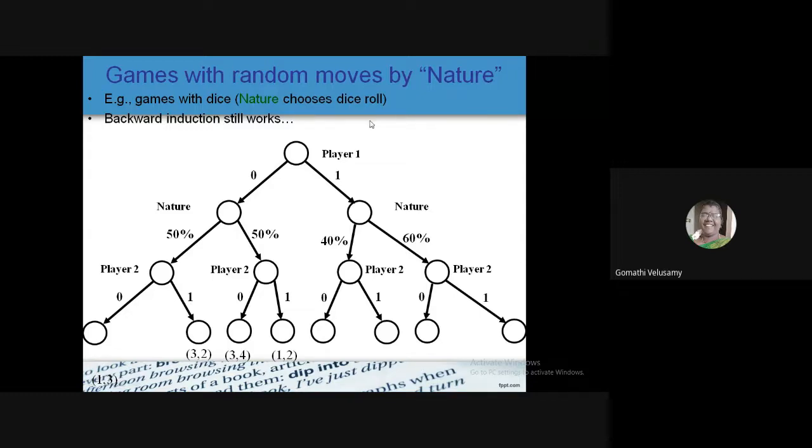There are two players rolling the die. One player rolled 3 and the second player rolled 2. One player has rolled 3, another player has rolled 4. Like that you have different combinations. And this is pure random. It is randomly distributed between the players' moves.